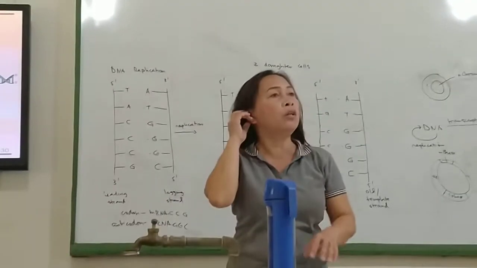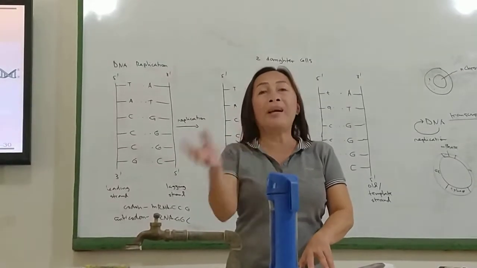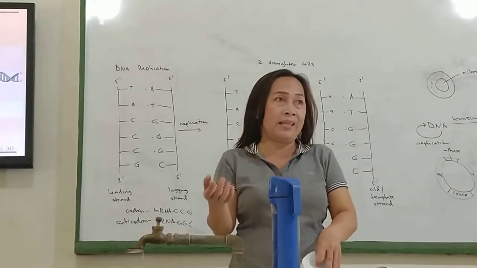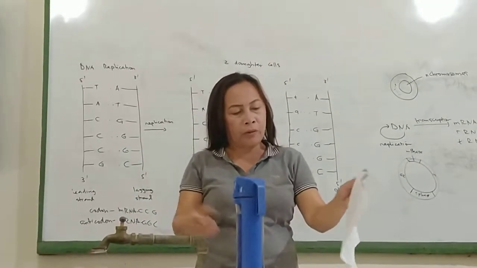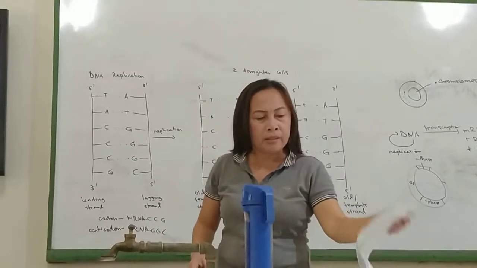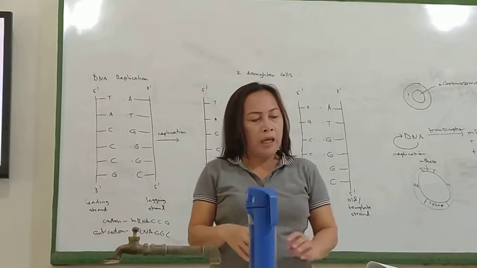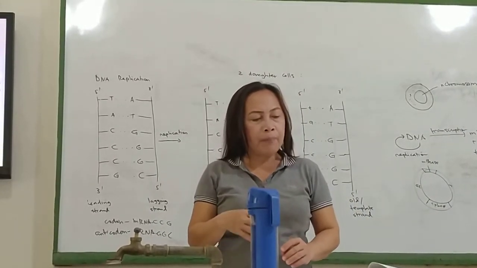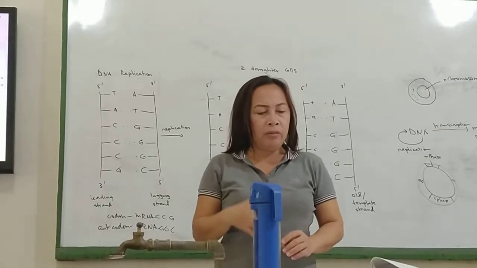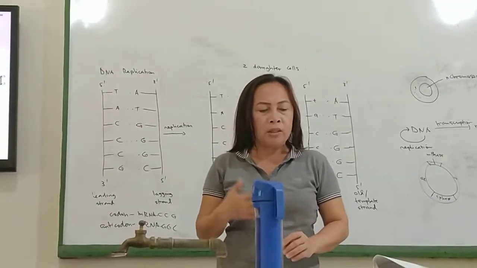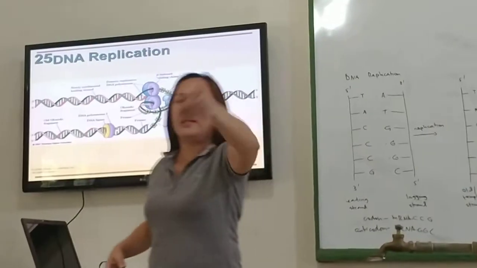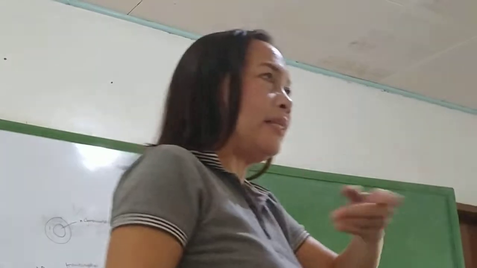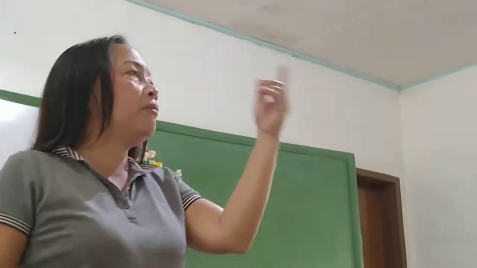And stabilization will be done by topoisomerases or gyrases. Now, the role then of these topoisomerases or gyrases is this. So, gyrase provides a swivel that relieves torsional stress generated by unwinding. So, unwinding is actually done by helicase.